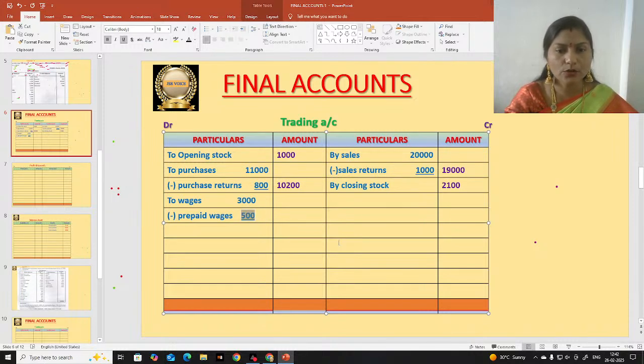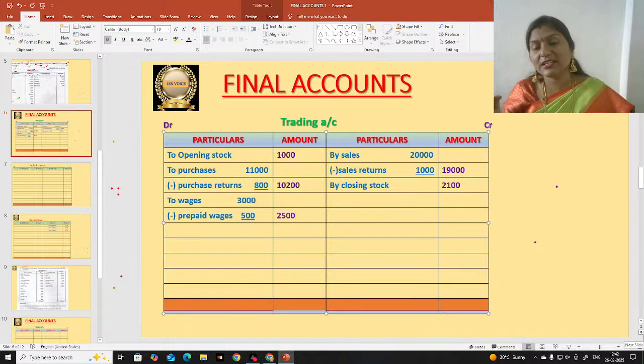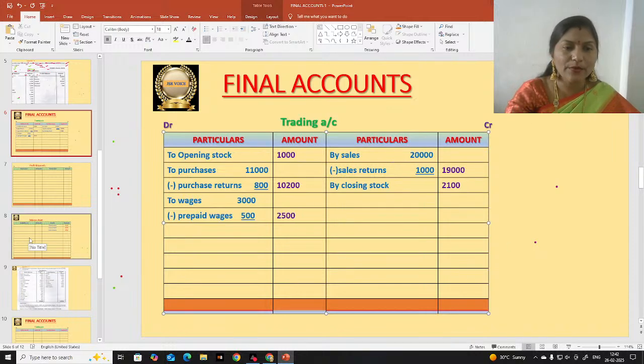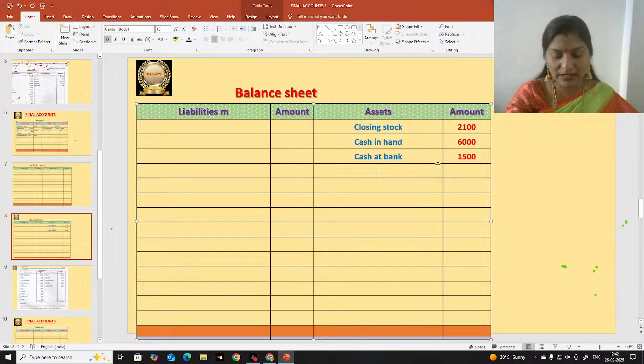So 2500 I am writing directly in the amount column. If you want, you can write inside also once, otherwise you can record in the amount column. And prepaid wages are given in adjustments. Any item if it is given in adjustments, we should record a second time in the balance sheet compulsorily. So prepaid always will appear under assets. Let us record under assets, prepaid wages 500.